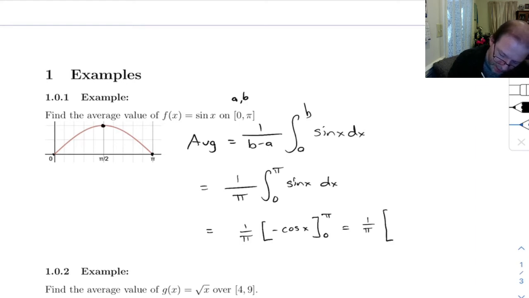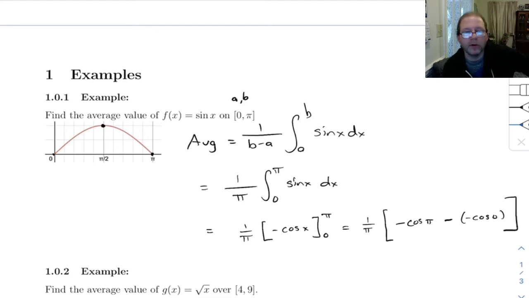So if you plug in pi, you have to remember our values of cosine. Cosine of pi is negative 1. So this becomes positive 1. And cosine of 0 is 1. So we've got a negative and a negative, so this is plus 1.